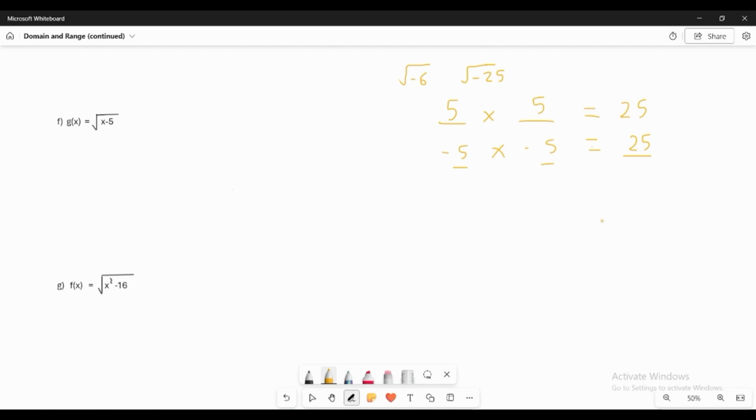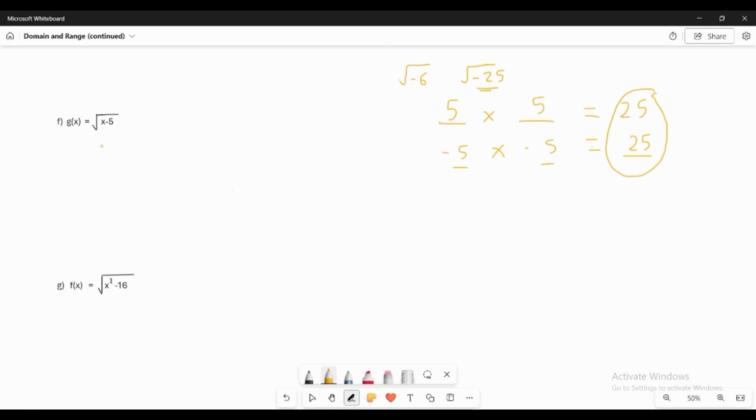We can check for negative 6 squared, that's 36. Positive 6 squared, that's also 36. And you know that here, the square root of negative 25 means what two same numbers we should multiply to get negative 25. And that's not possible because whenever we multiply two same numbers, that means we find the square, that is always positive.